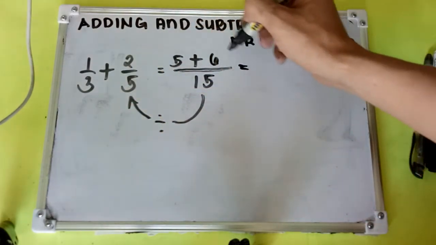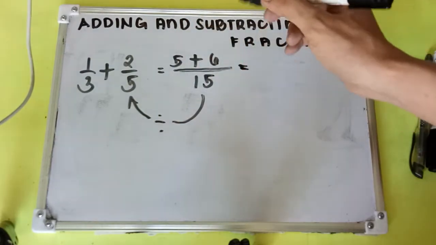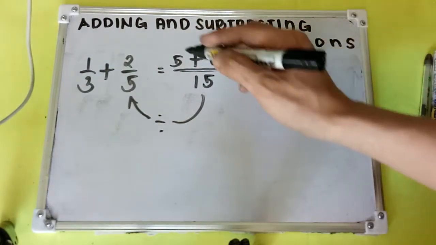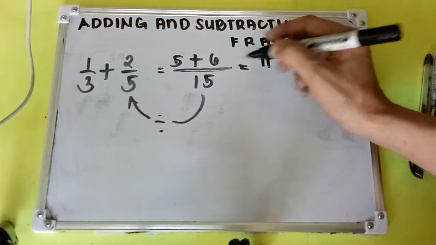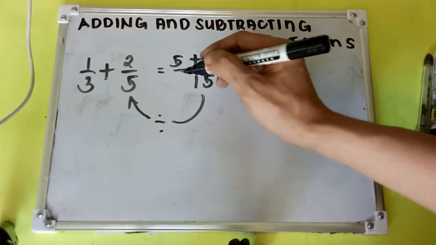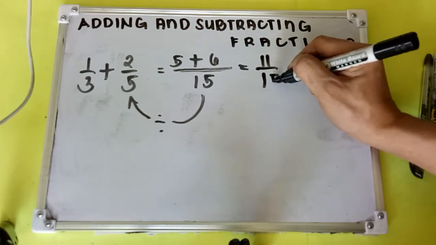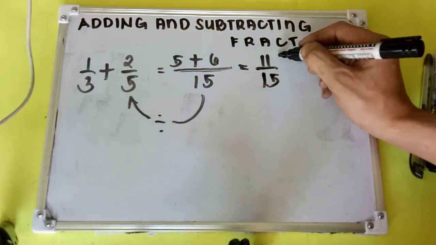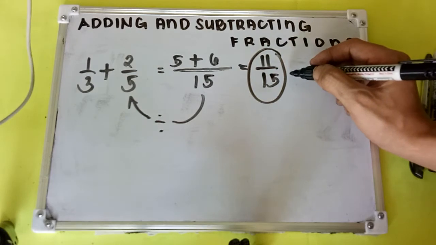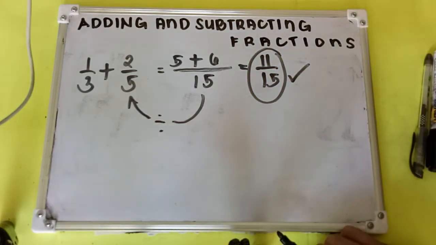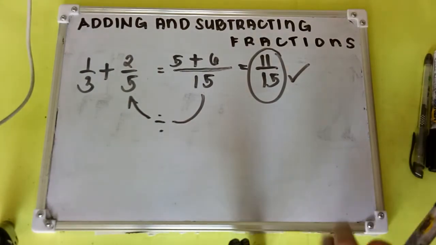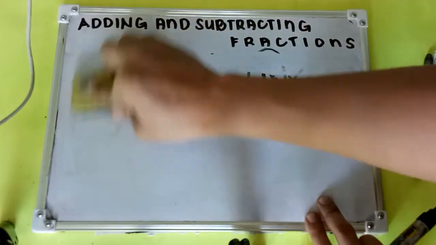So yan, parang katulad na siya ng sagot sa similar fraction. I-perform nyo na lang yung operation sa numerator, which is 11. 5 plus 6 is 11. And then just copy the denominator 15. So this will be your final answer since this is already a proper fraction. Next.